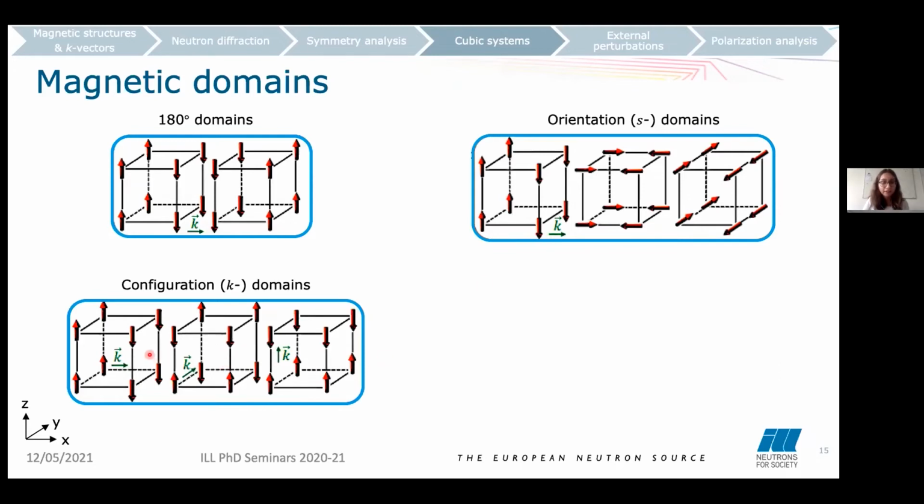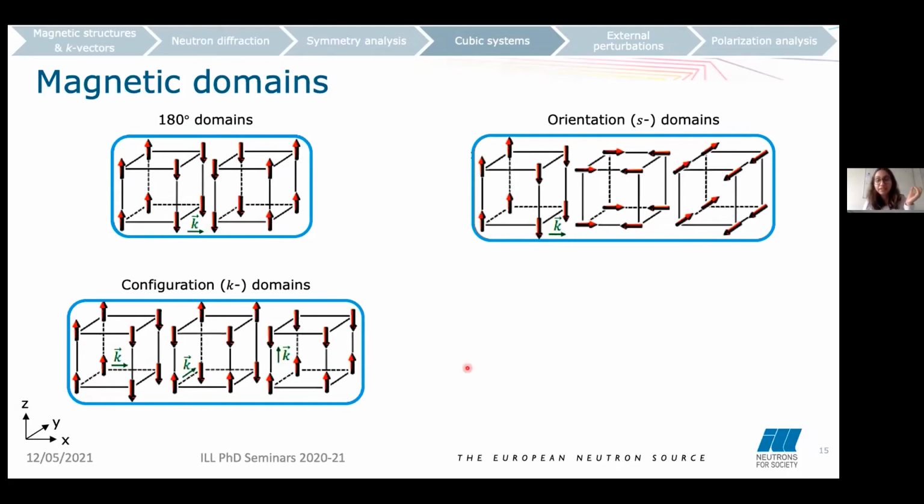And in the case of configuration domains, if you imagine that these spins are sitting on the cube and we're just rotating the cube in a sense, the propagation vector also changes direction.